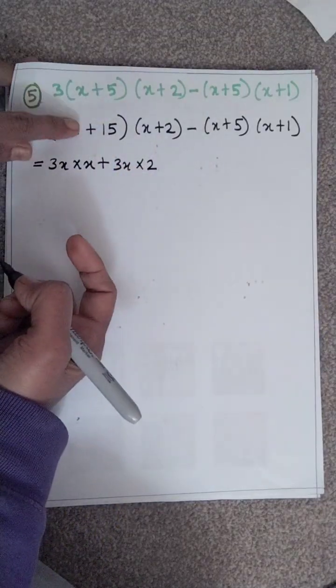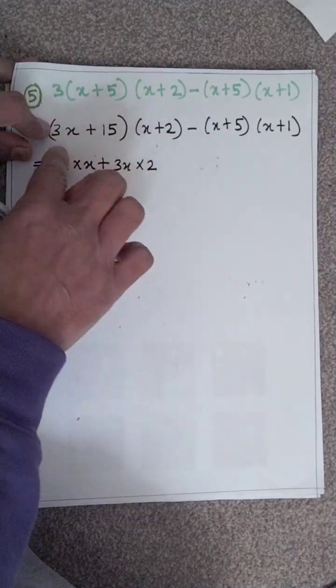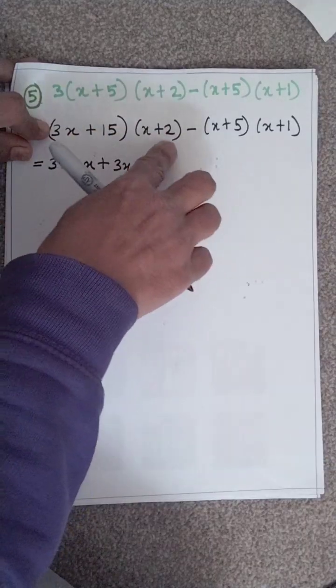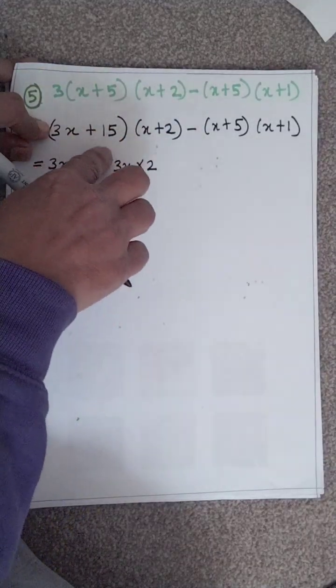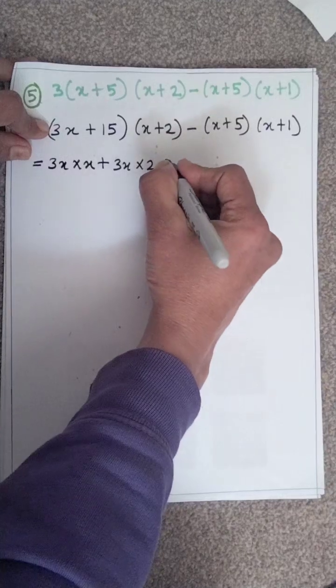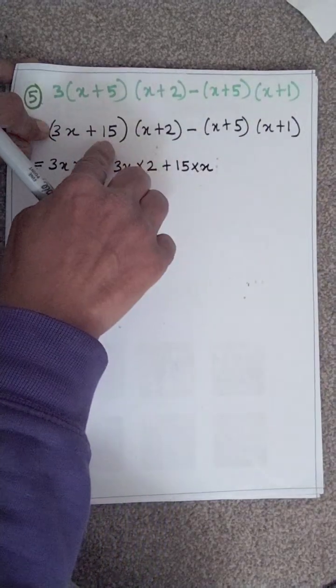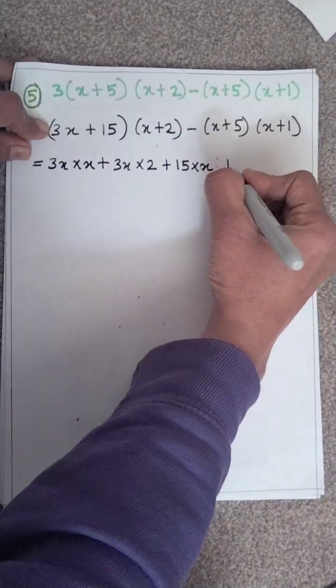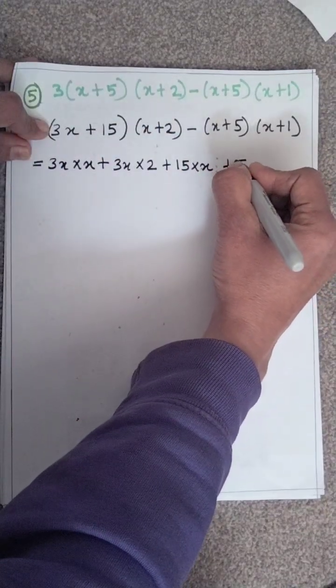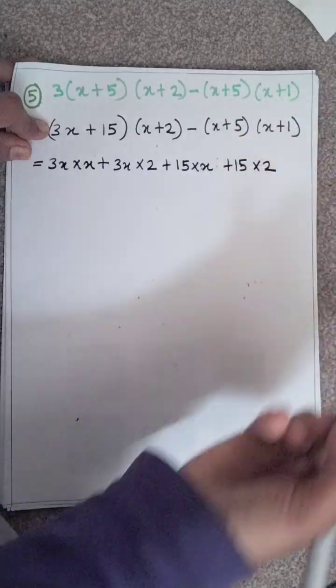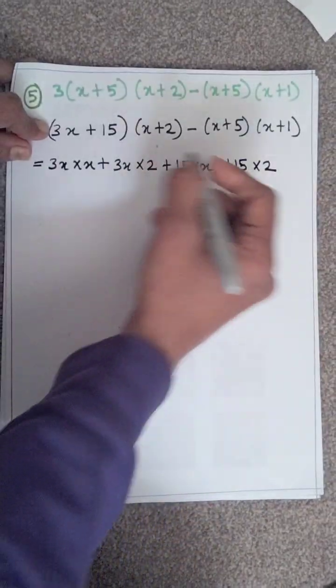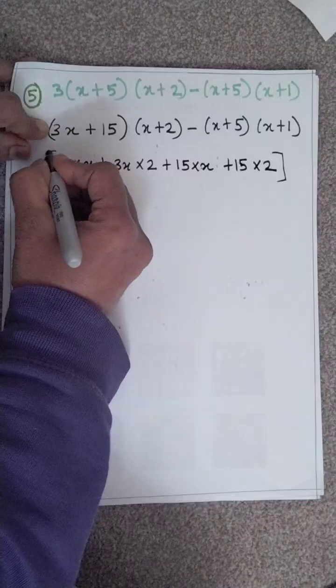Okay, now plus 15. 3x, we took 3x multiplied by this 2. Then take plus 15 times x, plus 15 times 2. Okay, so this is one part of the question.